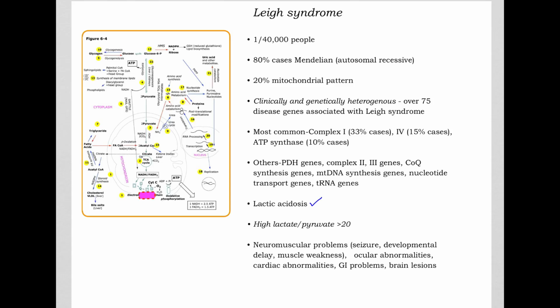Lactic acidosis, as we explained earlier, as well as a high lactate pyruvate ratio compared to, say, PDH deficiency, where there was a low ratio. So the respiratory chain deficiencies tend to give you a high ratio, which we see here. Symptoms: neuromuscular problems, eye abnormalities, cardiac abnormalities, problems with the GI system, as well as abnormalities with the brain.